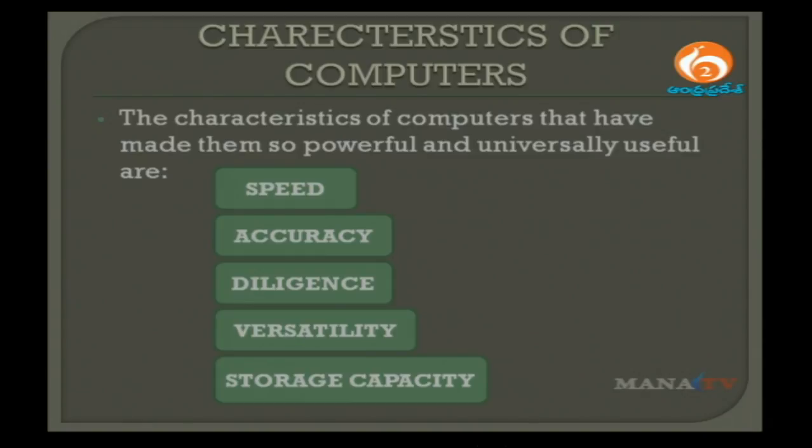Yes, so these are the most important things that you have to remember in the characteristics of computer. So now I'll explain what is speed, what is accuracy, what is diligence, what is versatility, and the last one is storage capacity. So now let me explain the characteristics of computer in depth. So now let us go for speed.